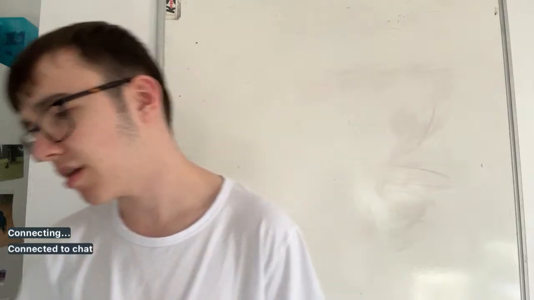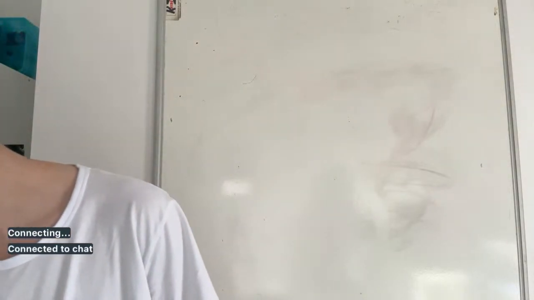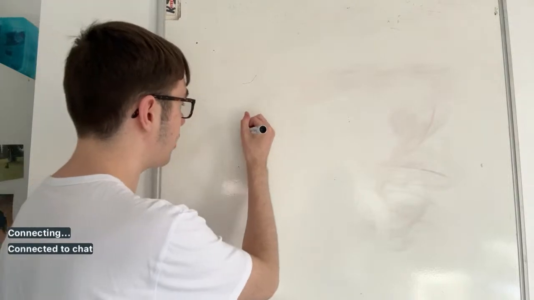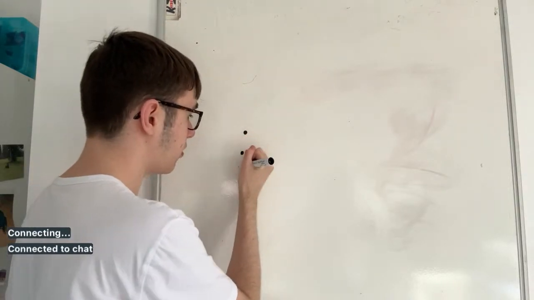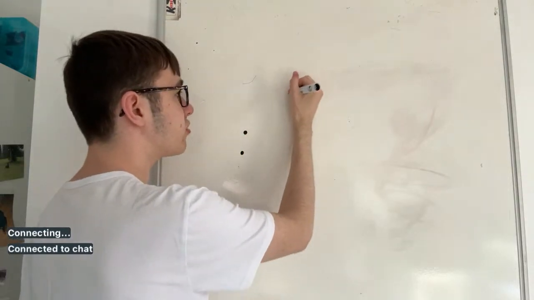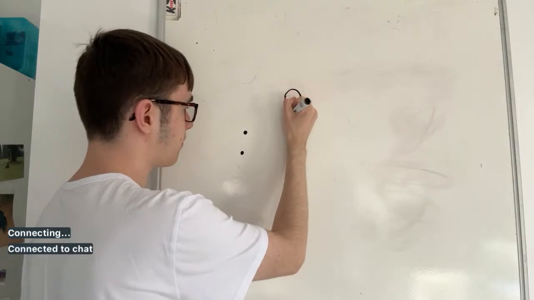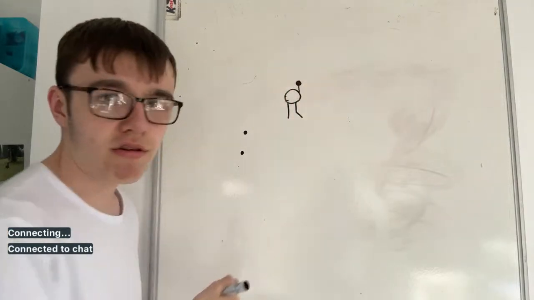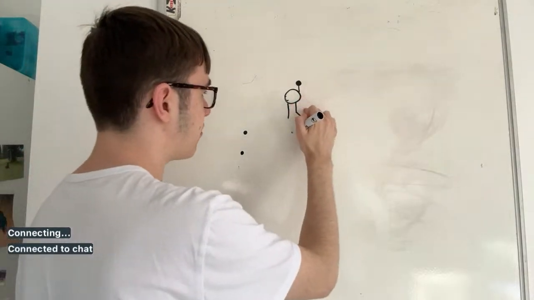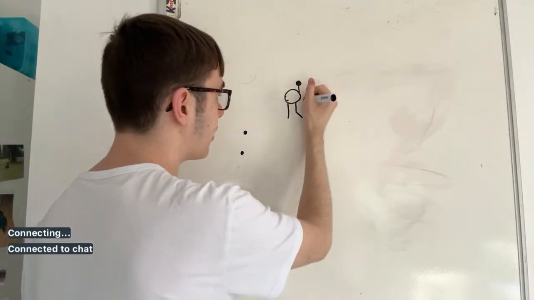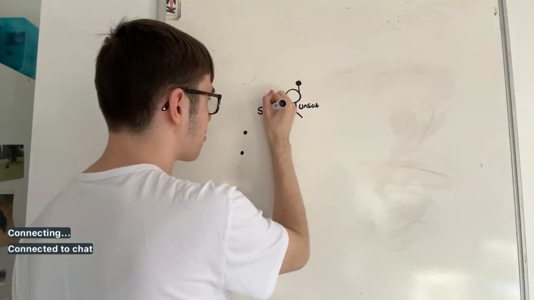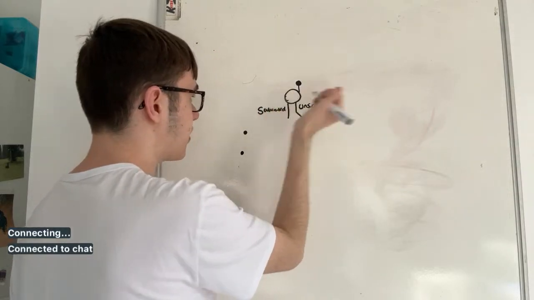Explain the arrangement of phospholipids in a cell surface membrane. For 2 marks. Alright. I'll be honest, I might get this one wrong. Let's firstly draw the phospholipid. Okay, so what we have here is one kinky chain, that's the unsaturated fatty acid, and the saturated fatty acid.